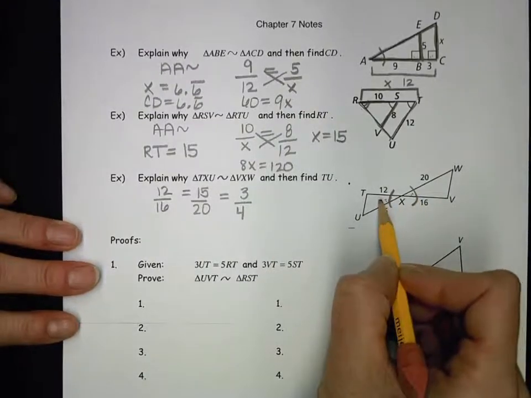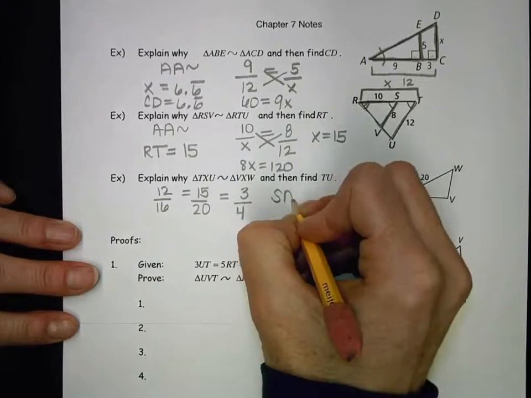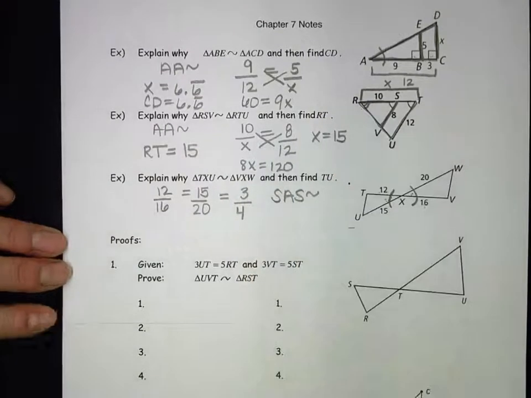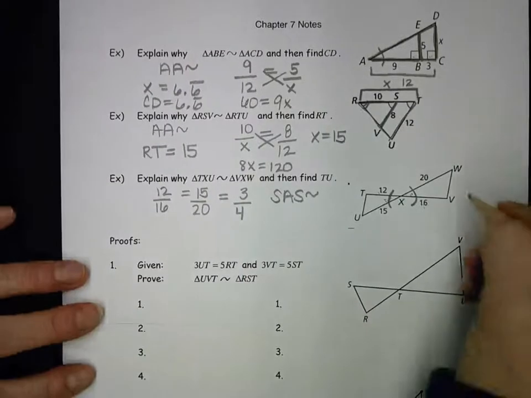We have corresponding sides with a similar ratio, so we know that they're similar because of our side-angle-side similarity theorem. In order to find TU, they must give you VW.